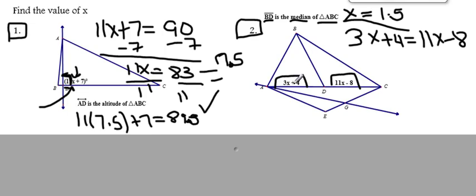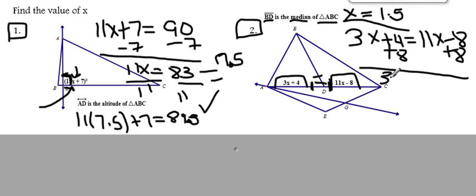All right, so we know that this is the median, so we're going to mark AD congruent to DC. And algebraically, if two segments are congruent, then that means their measures are equal. So algebraically, we set 3x plus 4 equal to 11x minus 8. I'm going to start by adding 8 to both sides of my equation.